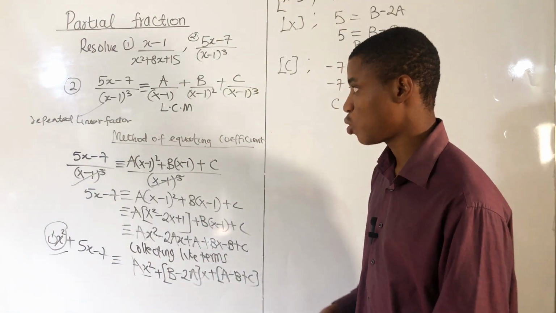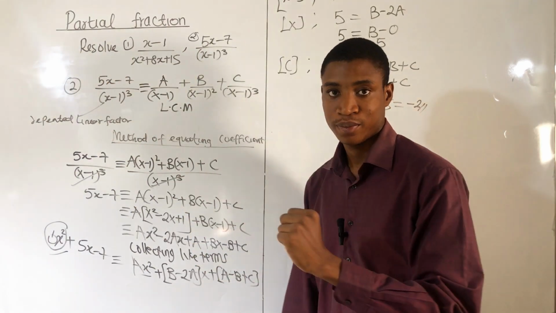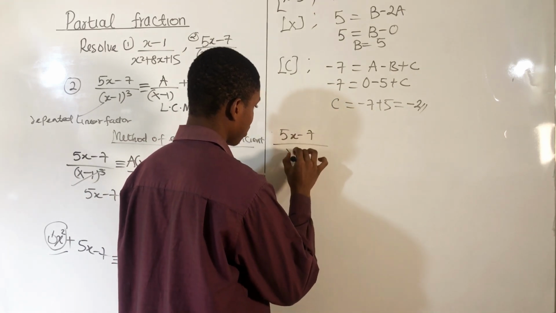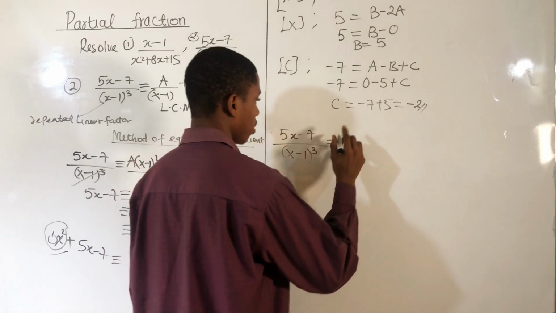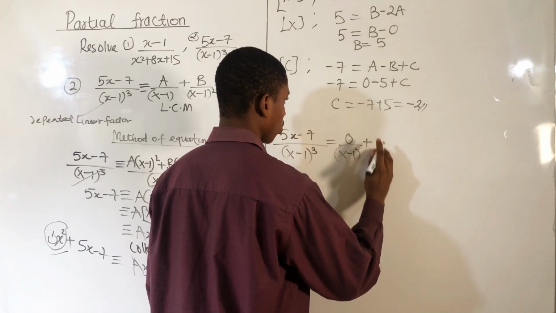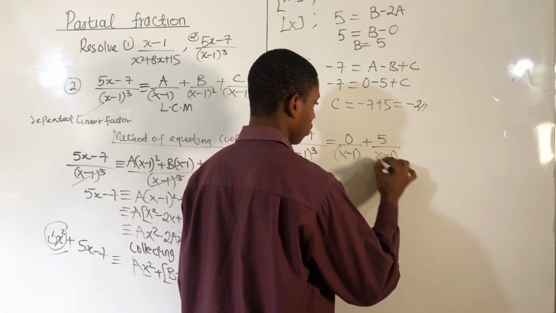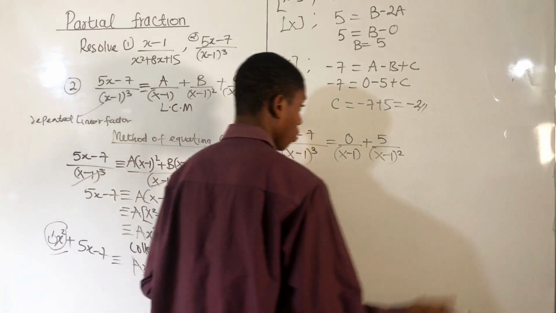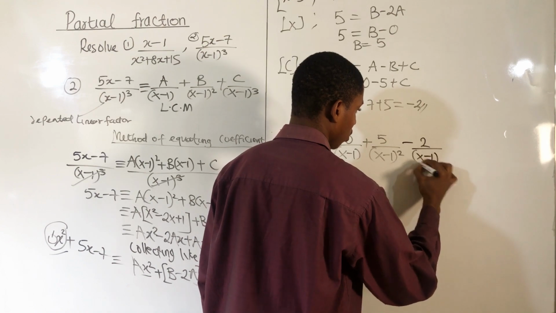So therefore, we're going to substitute this into our assumed partial fraction. We say 5x - 7 over (x-1) cubed is equal now to a, so a is 0 over (x-1), plus b is 5, so we have 5 over (x-1) squared, then we have negative 2, which is negative 2 over (x-1) all cubed.